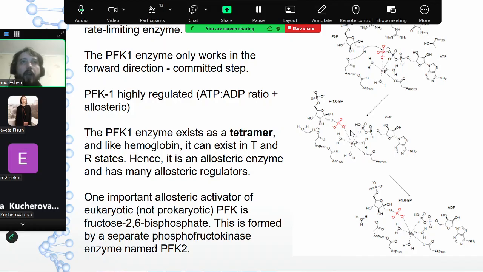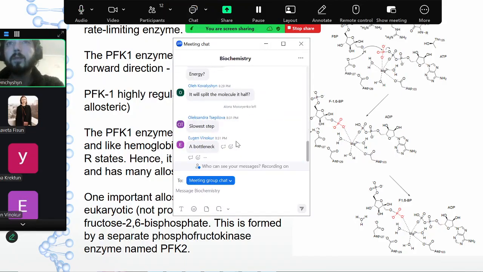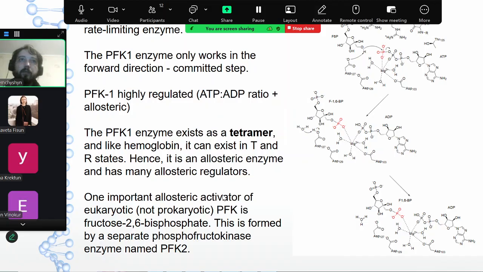So if some reaction is called a rate limiting step, what does it mean with respect to the speed of this reaction? So it's the slowest one of the reactions that we have. Yes, absolutely correct. It's the slowest step, or really you can call that a bottleneck step.